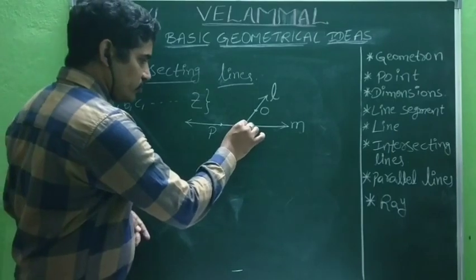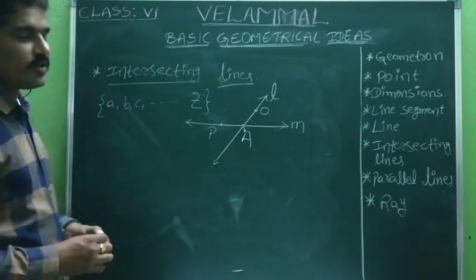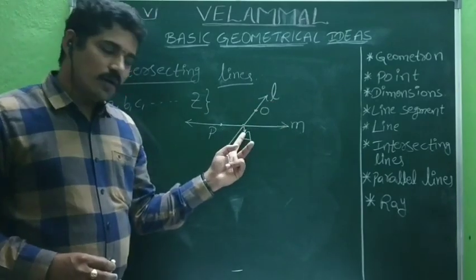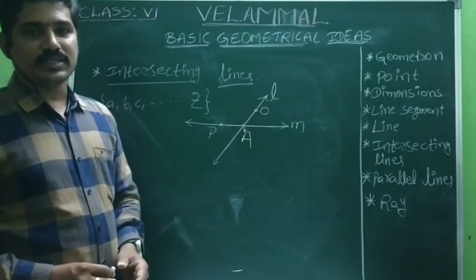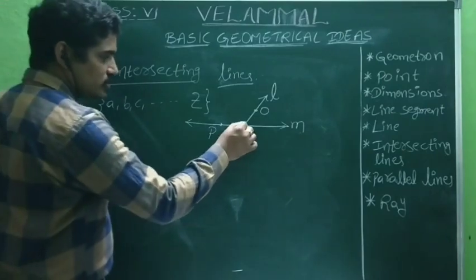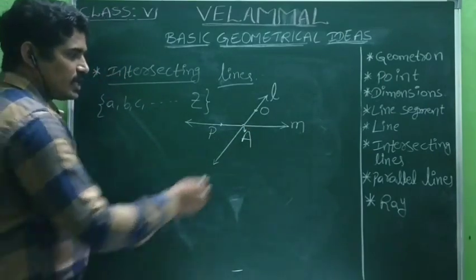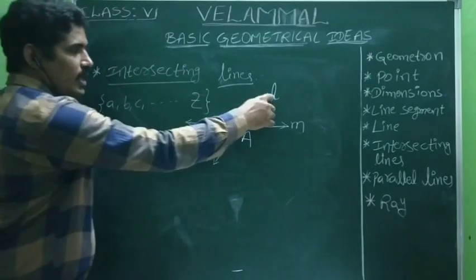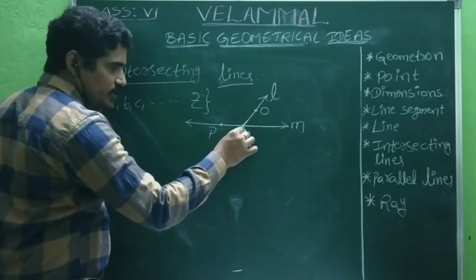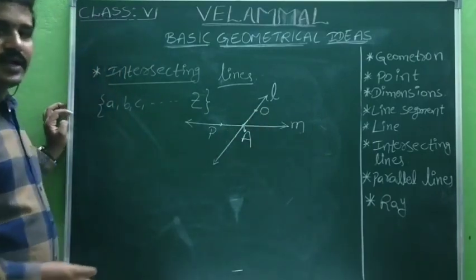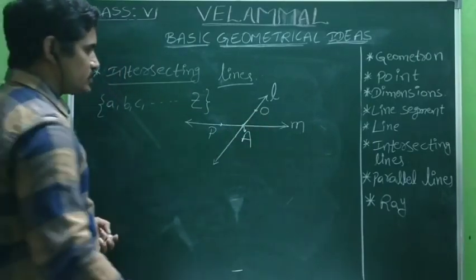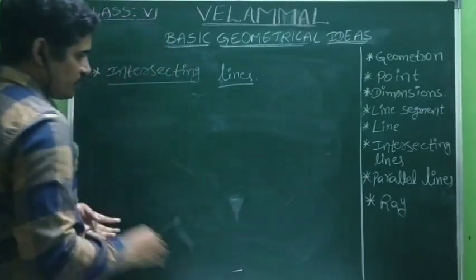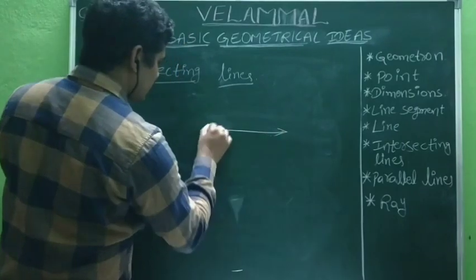So if two or more lines have only one common point, then those lines are called intersecting lines. A will be the common point, so these two lines are called intersecting lines. For example, I am taking these lines.